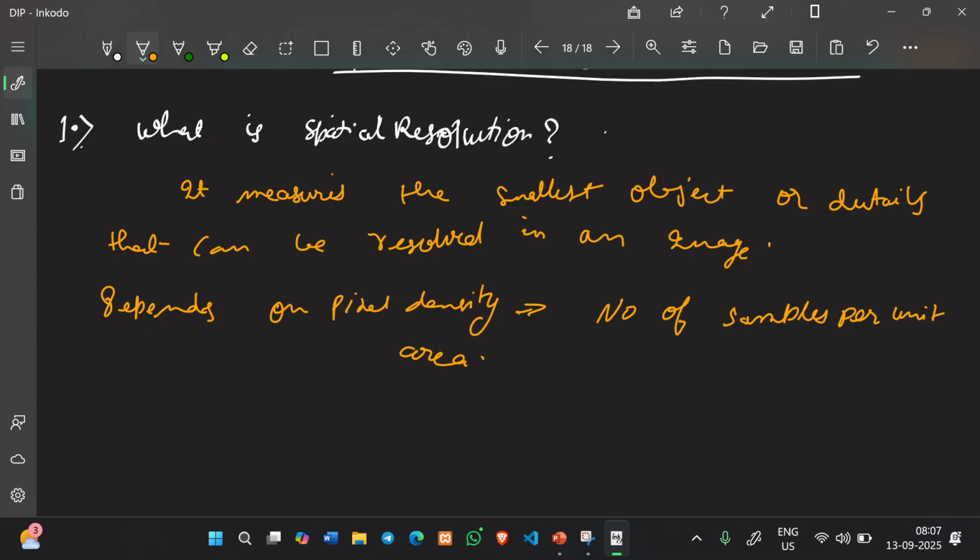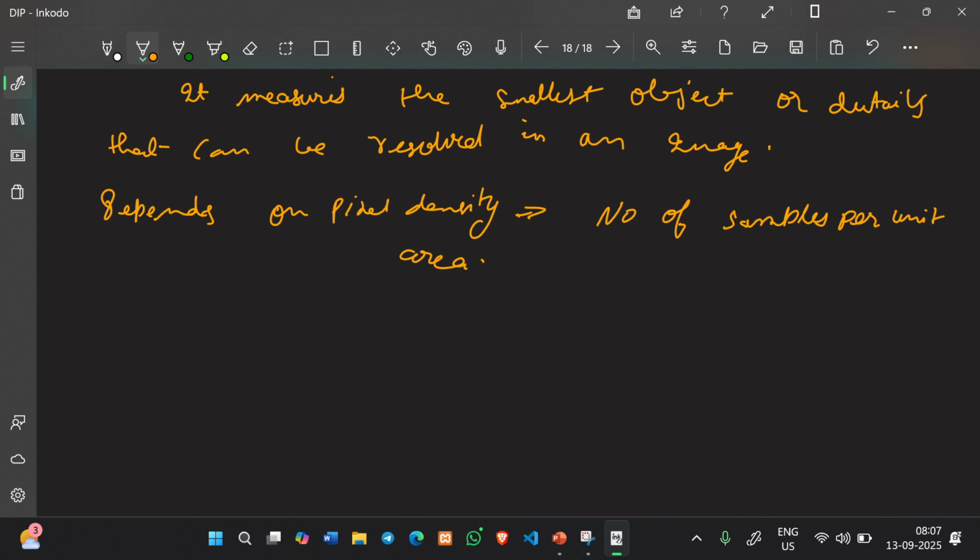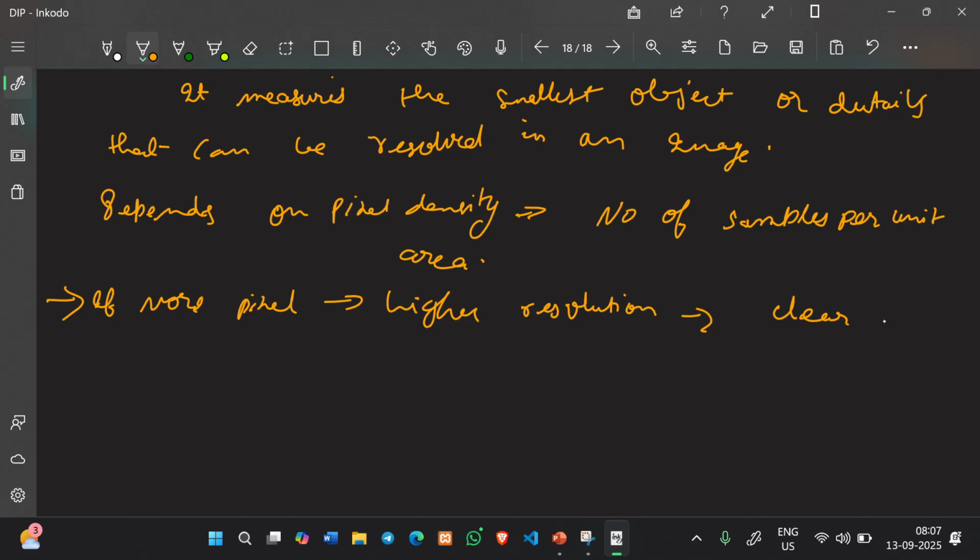So if there are more pixels, then higher spatial resolution and clearer details. Let me write it down: if more pixels are there, then higher resolution, and higher resolution means clear details.